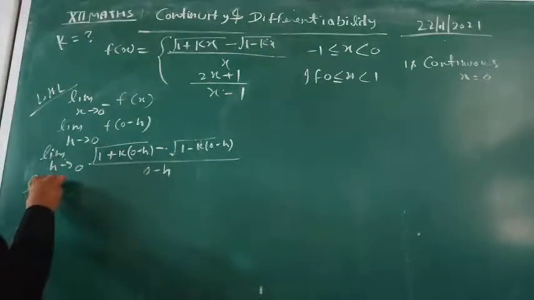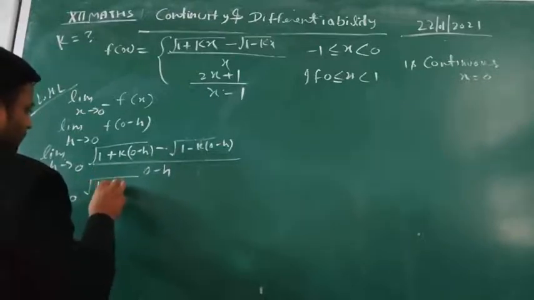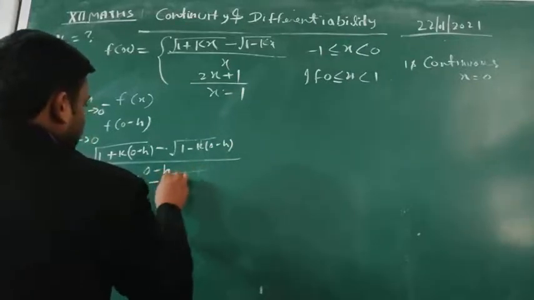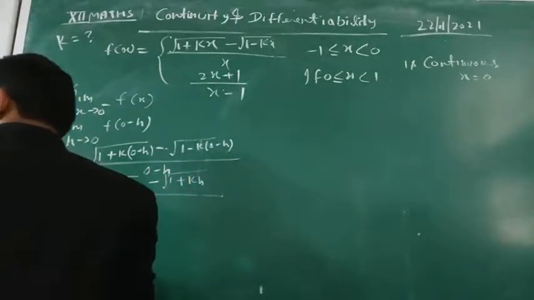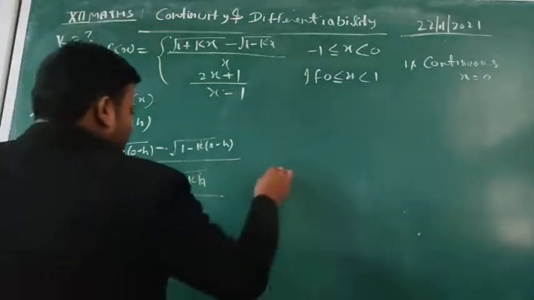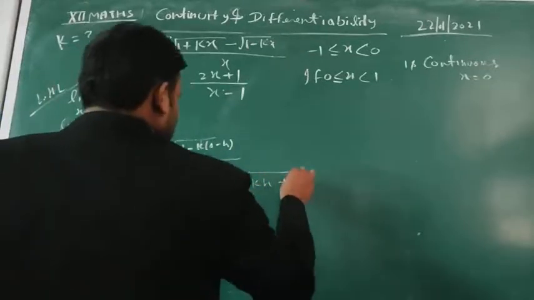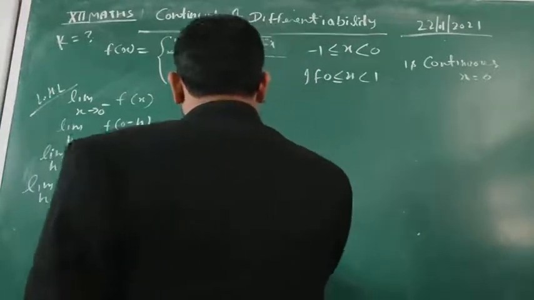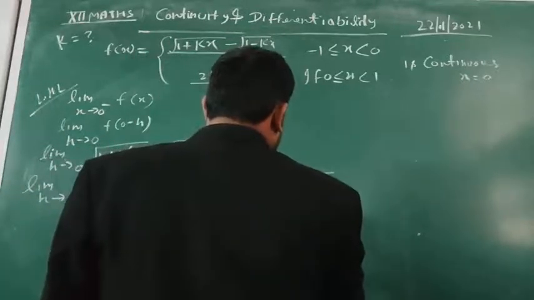So limit h tends to 0 (under root 1 minus kh minus under root 1 plus kh) by minus h. And then for solving this we will rationalize it, so we multiply by (under root 1 minus kh plus under root 1 plus kh), and the same in the denominator.